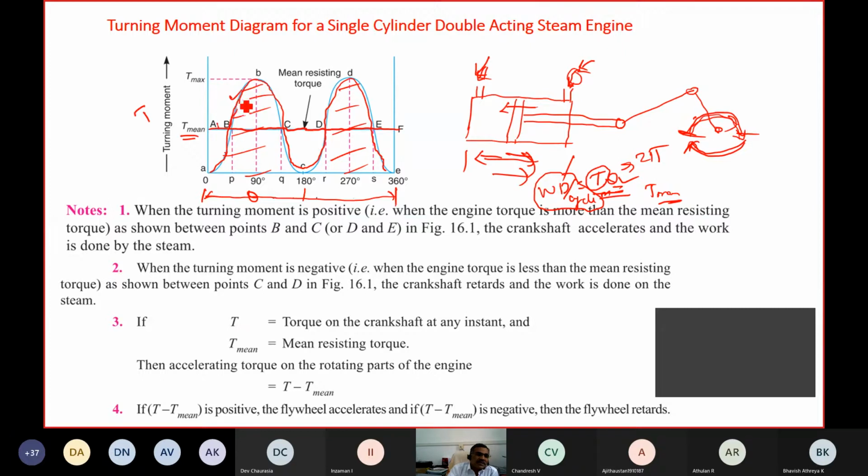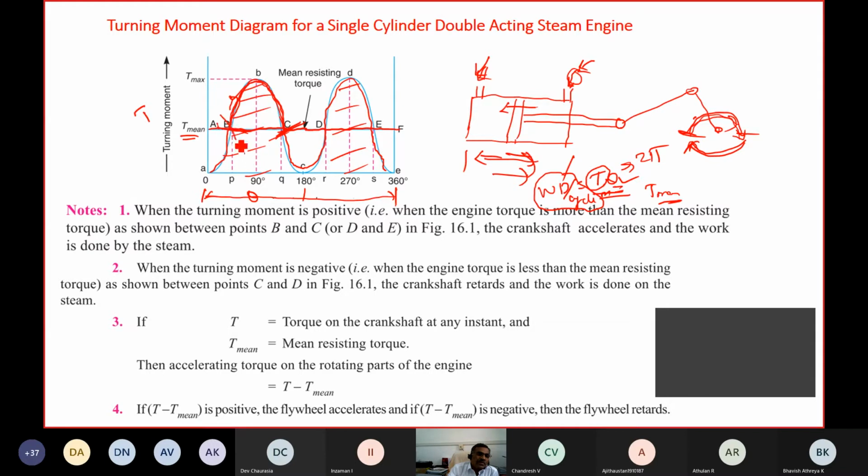And in this portion, the torque produced is more, but required is less. So at that position, it will be accelerating, and it will be accelerating during this period. Accelerating means the speed of the vehicle will increase.